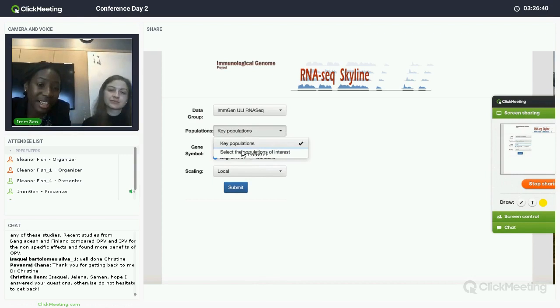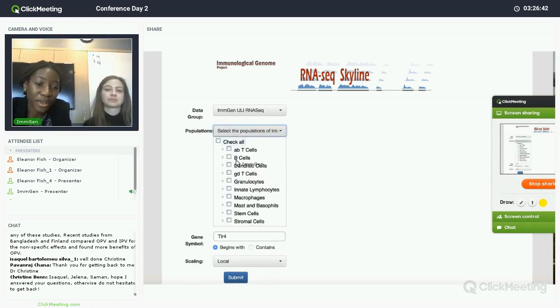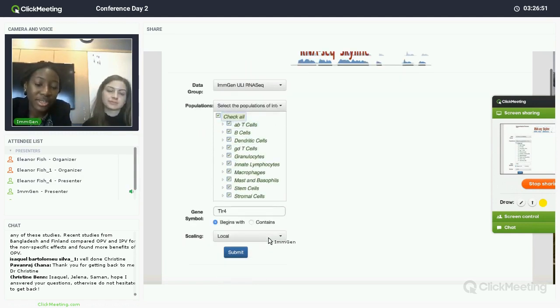So here you can select your population of interest if you're mainly interested in B cells or dendritic cells. But for now, we are going to do all. And local just gives you a precise view in a particular cell type. But since we're doing all, we're just going to do global.